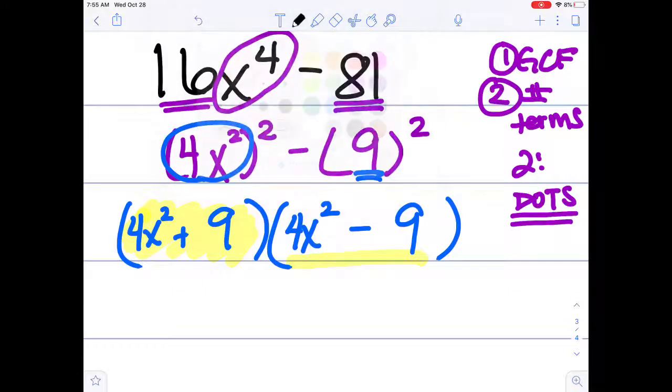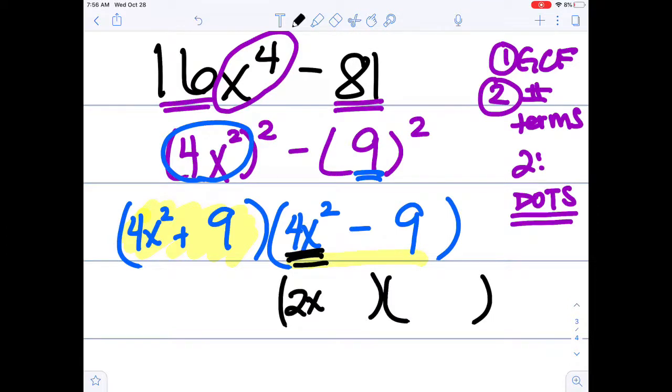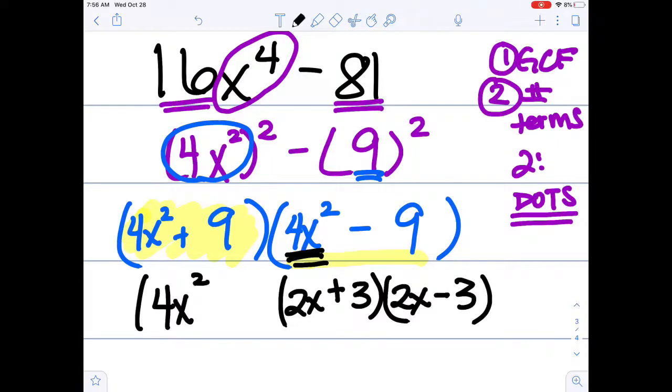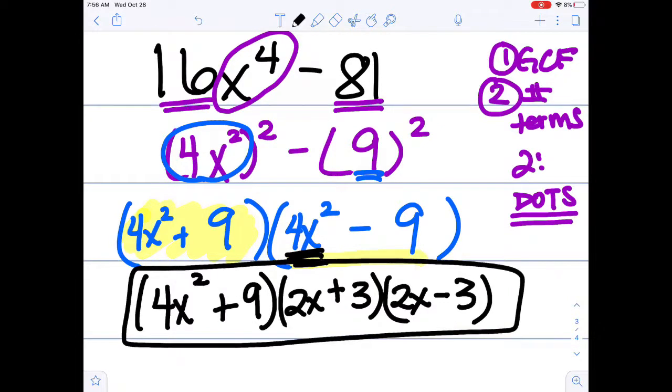That's because it's another difference of 2 squares. I know 4x squared is really 2x times itself, and the root of 9 is just 3. And then 1 is plus, 1 is minus. So when we're factoring completely, we might have to do it more than once and definitely check everything again.